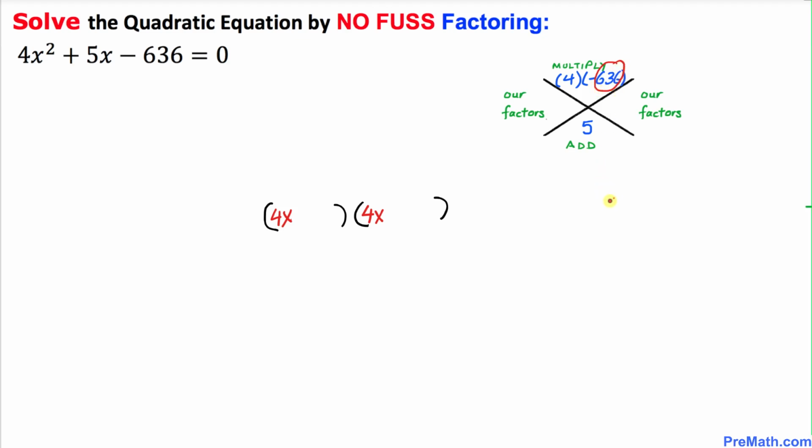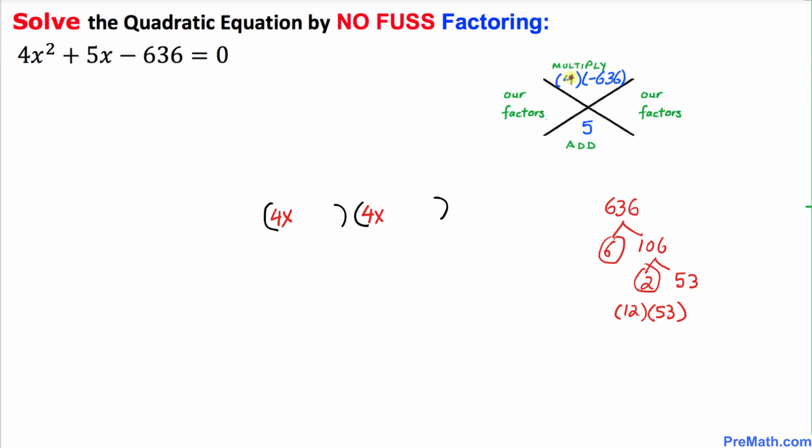Let's write down 636 right up here. Don't worry about this negative sign. Let me just show you how we can break this one down. This could be written as 6 times 106, and then 106 could be broken down to 2 times 53. That means 636 is the same as 2 times 6, which becomes 12, times 53.